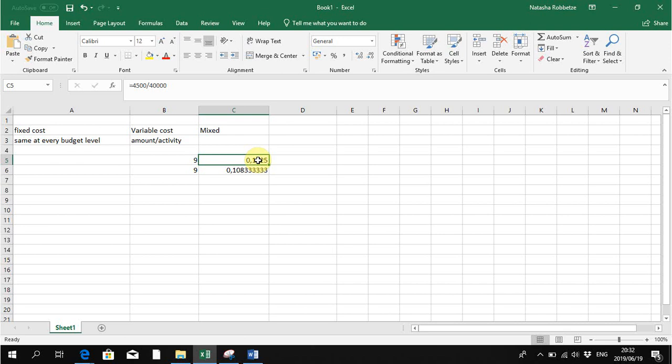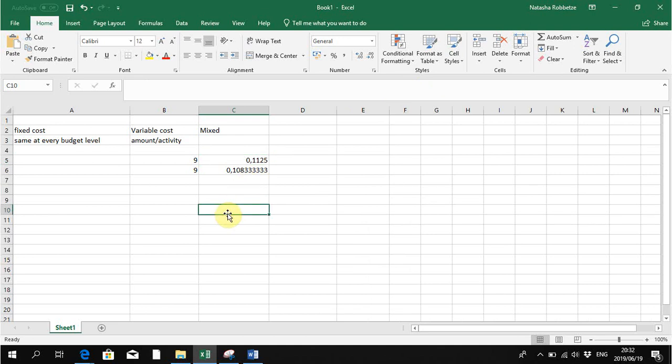How do we handle a mixed cost? How do we split a mixed cost? It's quite easy. We use what we call the high-low method. The high-low method works as follows. I'm going to list the highest and lowest, the activity and the amount.